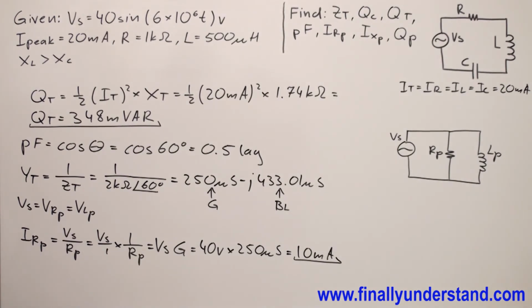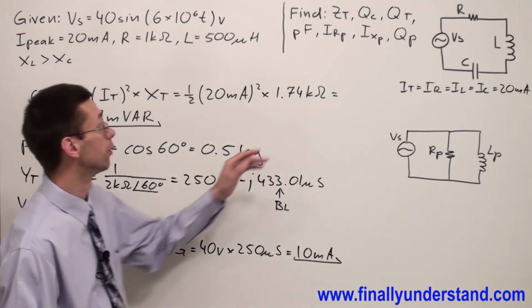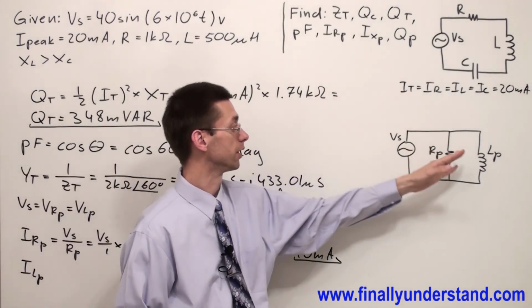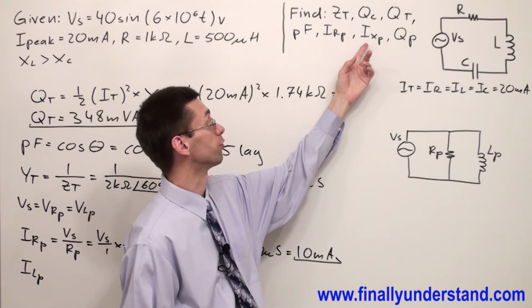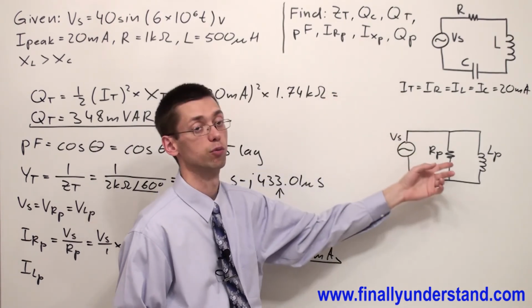Next, we're supposed to find the current which goes through the inductor. So we're going to use Ohm's law again. So I have I L P. Before, I didn't know what component I was going to have in my parallel equivalent circuit. That's why the problem says I'm supposed to find the current which goes through the reactive component.